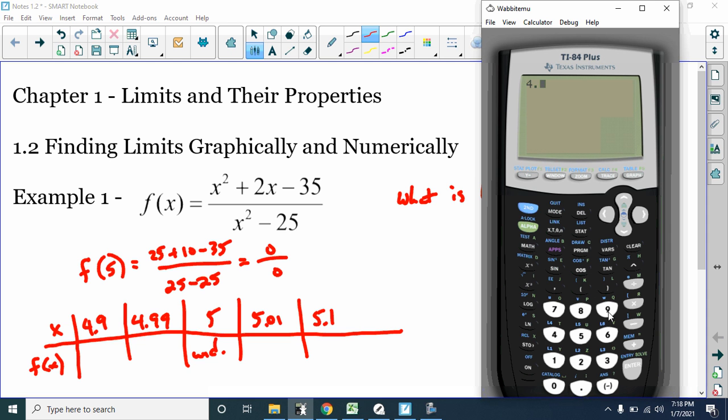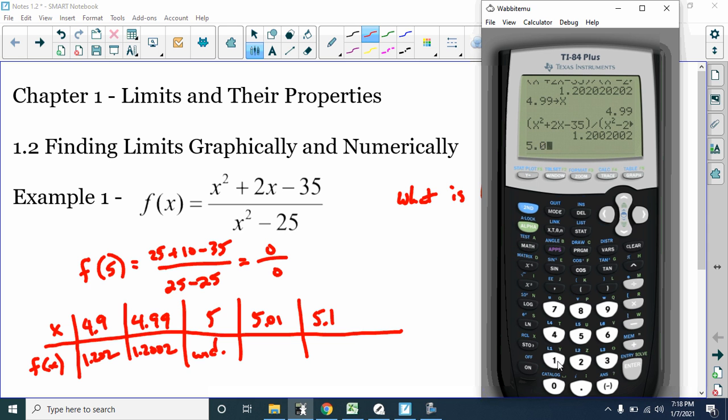And I'm going to use my calculator here real quick to get those y values. So if I put in 4.9 for x, and I plug it into the function, I get 1.202. And if I plug in 4.99, I get 1.2002. 5 is undefined.